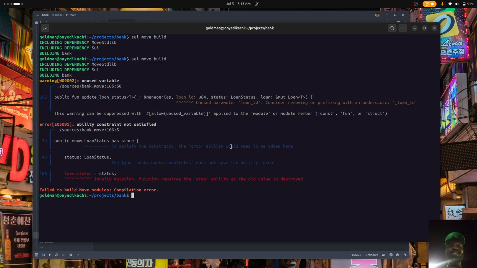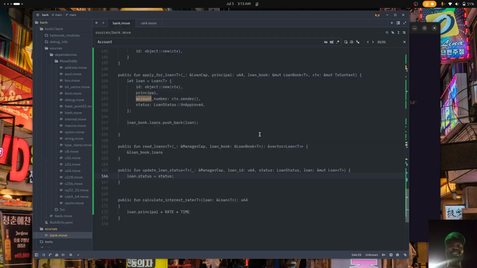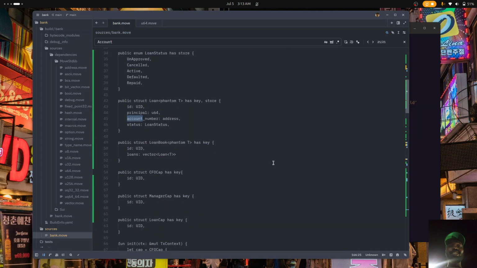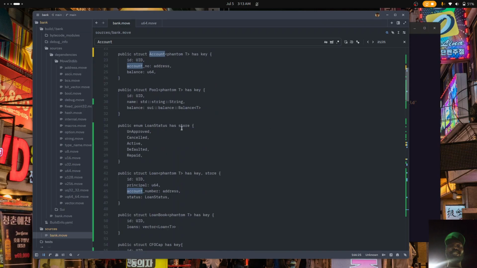See. Okay, I think we need to add a drop here. Let's see how it goes.